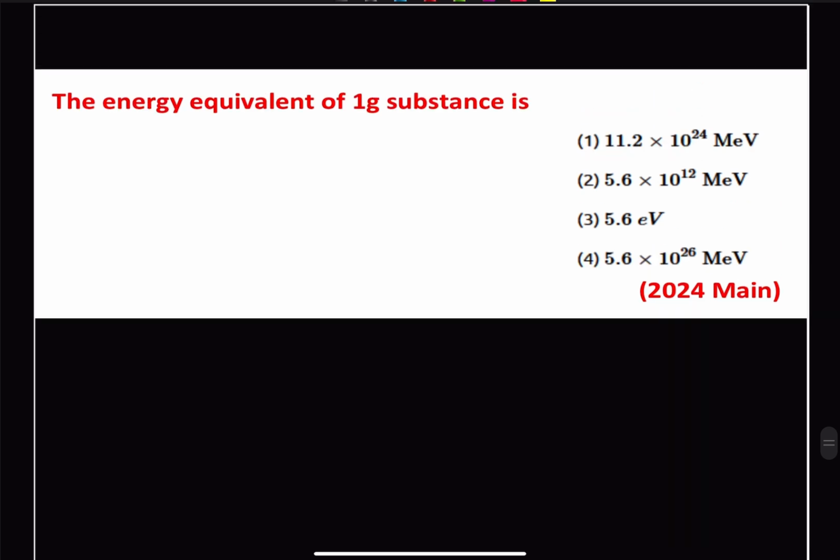It states that the energy equivalent of 1 gram of substance is asked, so this is directly based on E equals mc squared.